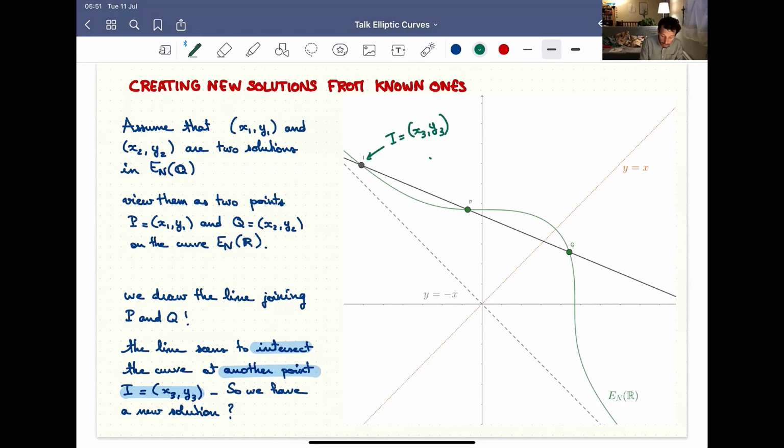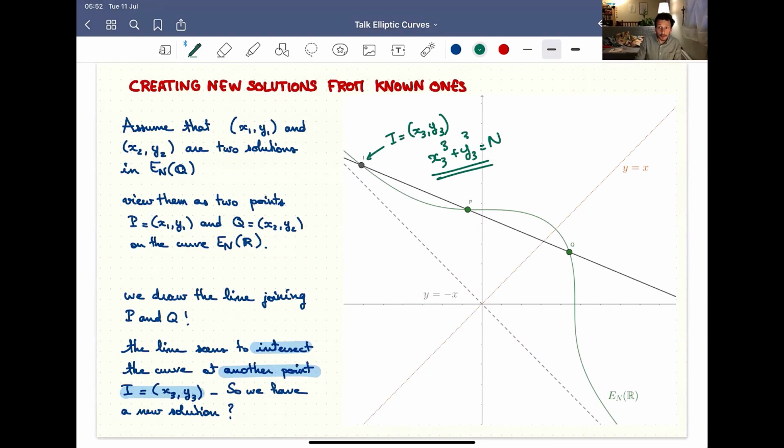So it means that x3 cubed plus y3 cubed equals n. So if we know two solutions, x1, y1, and x2, y2, then it seems that we have constructed a third solution, a new solution.